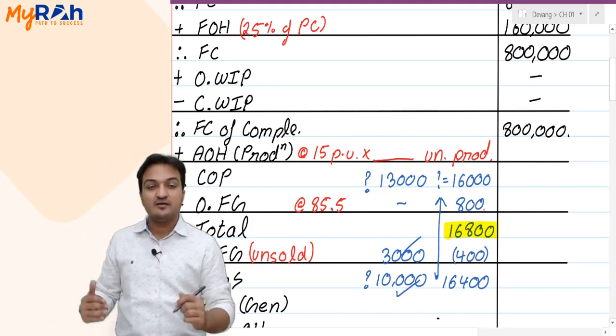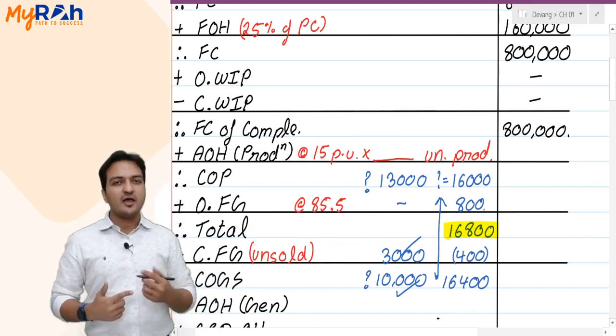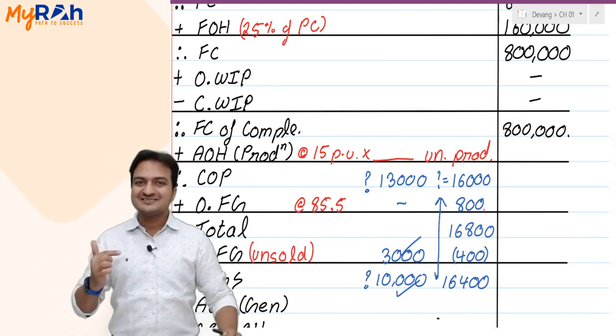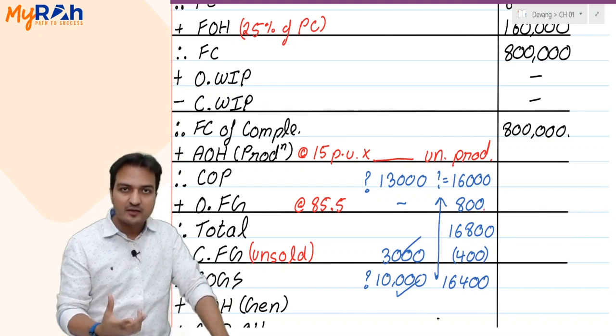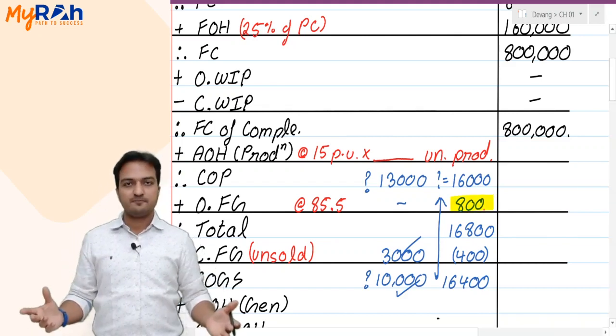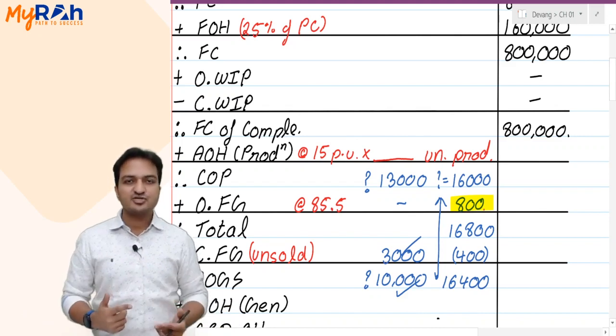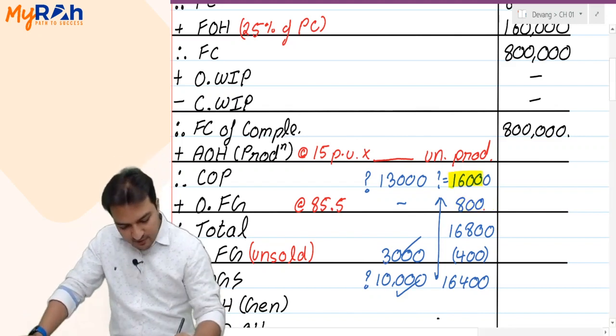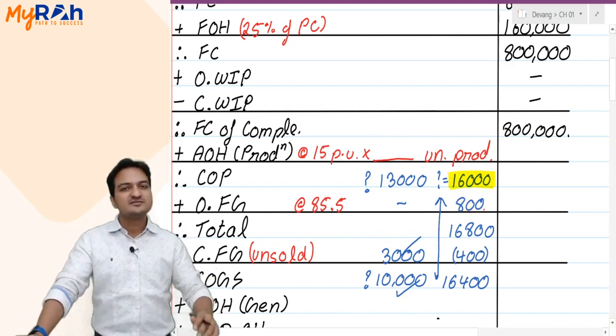But out of the 16,800 units that I require, 800 I already have since opening stock. So how much fresh production do I need this year? Fresh production I need this time is only 16,000.